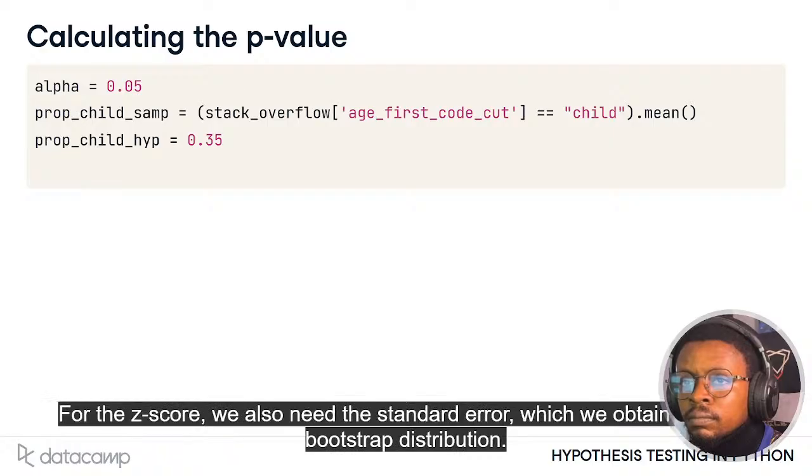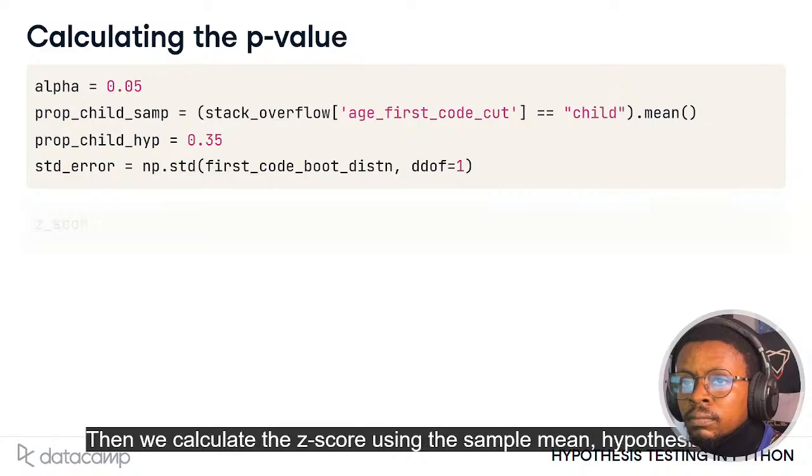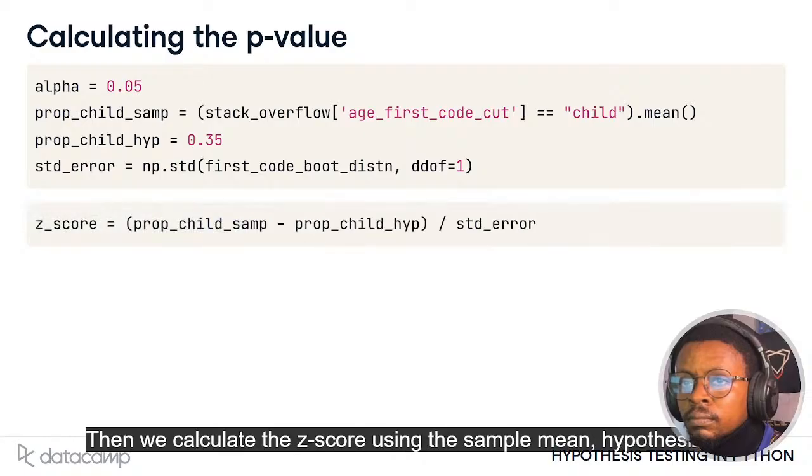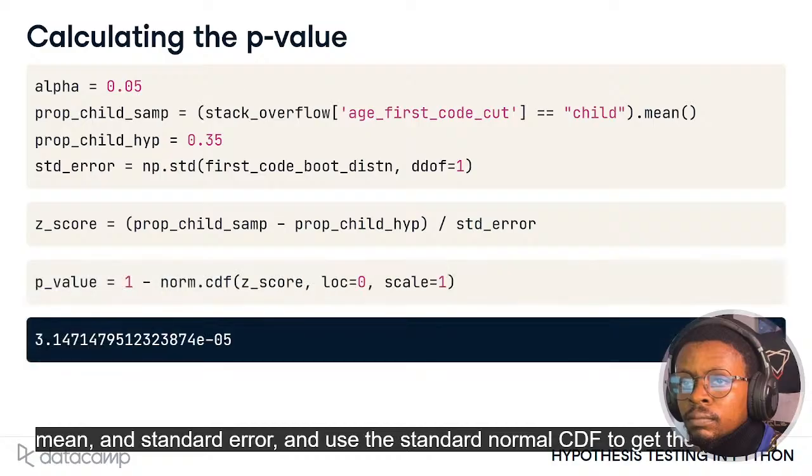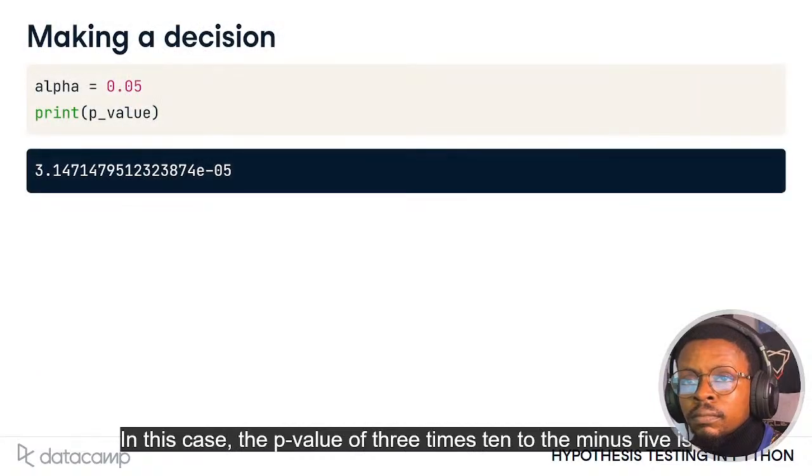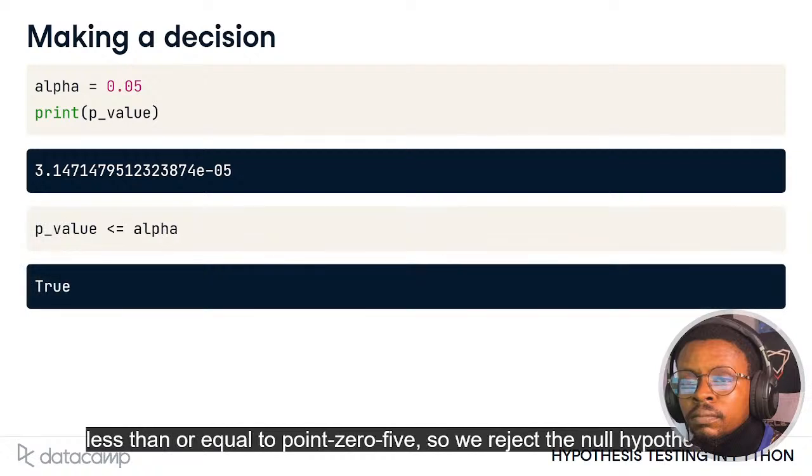For the z-score, we also need the standard error, which we obtain from the bootstrap distribution. Then we calculate the z-score using the sample mean, hypothesized mean, and standard error, and use the standard normal CDF to get the p-value. In this case, the p-value of 3 times 10 to the minus 5 is less than or equal to 0.05, so we reject the null hypothesis.